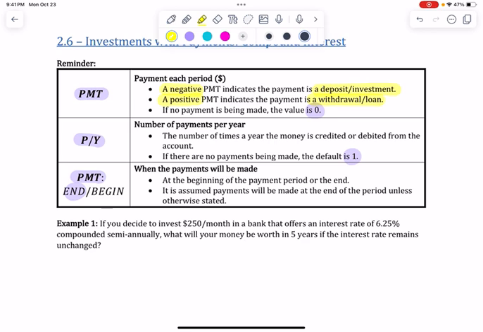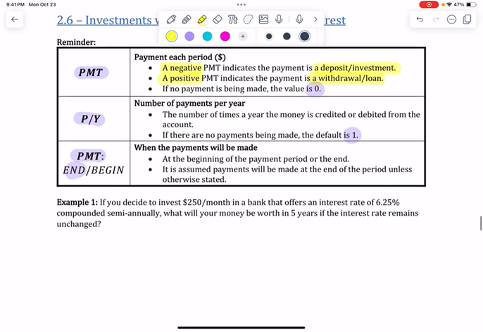Now, this will give you a difference in your answer, because if I invest money, let's say at the beginning of every single month, as opposed to the end of every single month, so if I invest my money May 1st, it's going to be in the bank 31 days longer than if I invest that money on May 31st. So if it's in the bank longer, it's going to earn more interest. So it will make a crucial difference whether I end up investing it at the beginning or the end of the time period. So we assume end unless otherwise indicated.